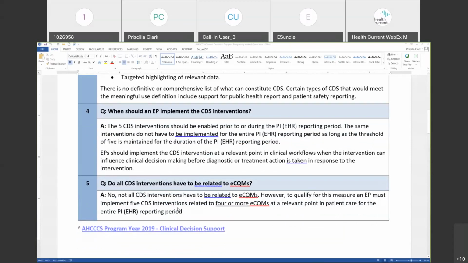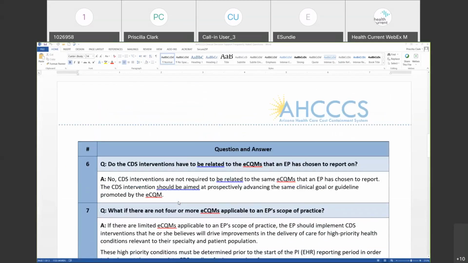Question 5, do all CDS interventions have to be related to eCQMs? No. Not all CDS interventions have to be related to eCQMs. However, to qualify for this measure, an EP must implement 5 CDS interventions related to 4 or more eCQMs at a relevant point in patient care for the entire PI reporting period.